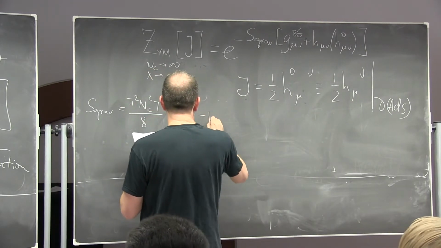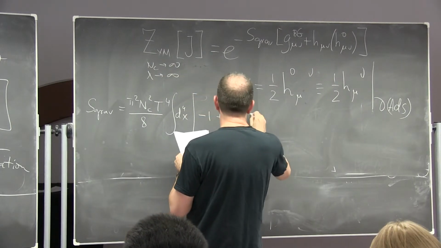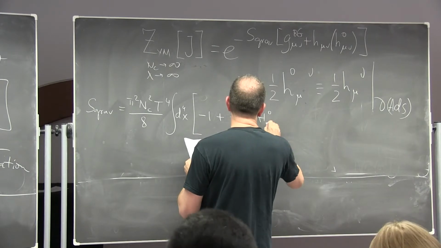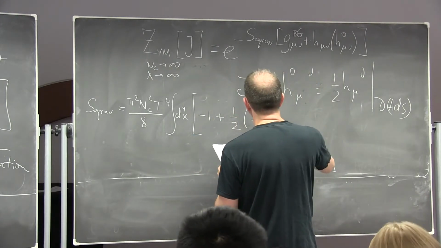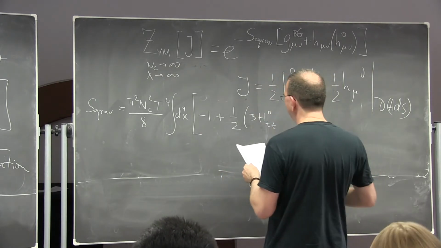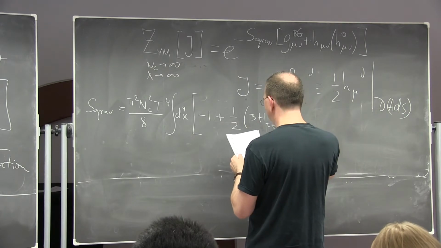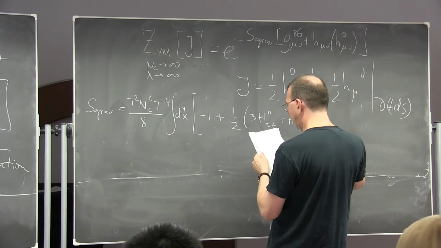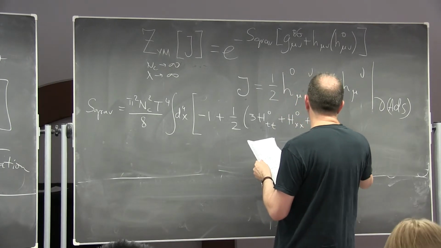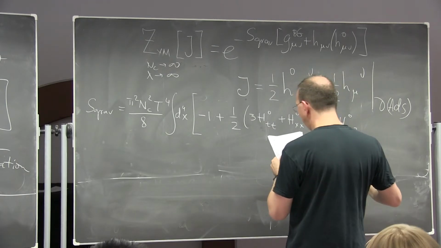And here we have minus 1 plus 1/2 3 h naught tt. This capital H is just little h with one of the indices raised by the unperturbed metric. Let me not explain this for a long time, because these are technical details, perhaps not very important ones.